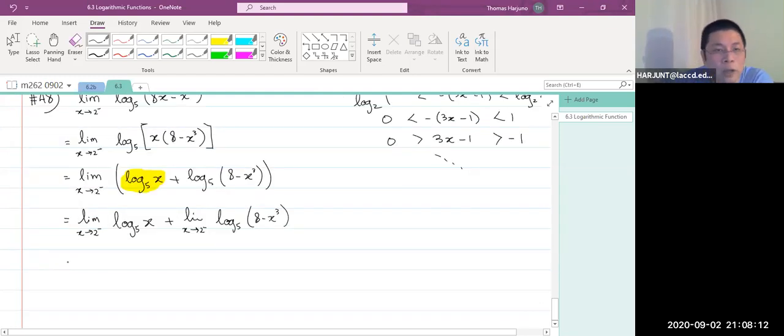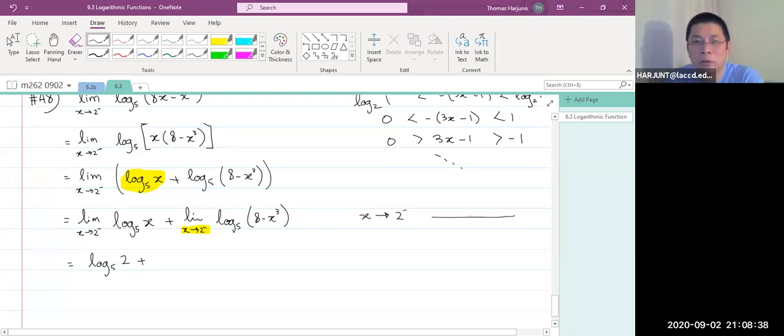Now the one on the left hand side, this is log base 5 of 2. The problem here, we have an issue here. Now let's do the side, x going to 2 from the left hand side.